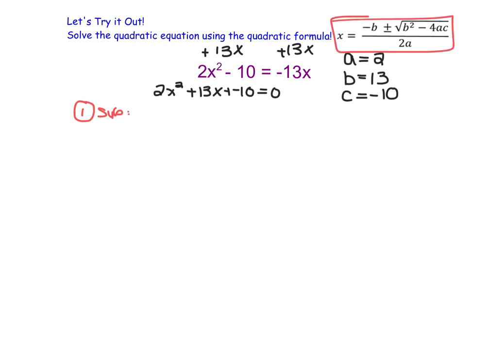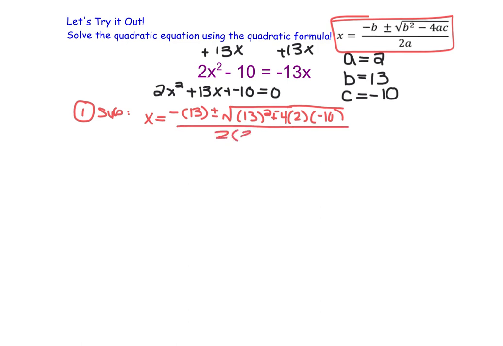So we have x is equal to a negative, using parentheses, b, plus or minus the square root of b squared minus 4 times a times c, which is negative 10, and then I'm going to use keep, change there, all divided by 2 times a, which is 2. So our first step here is to substitute. Then after this, we simplify, so our second s is we simplify the part underneath the square root.